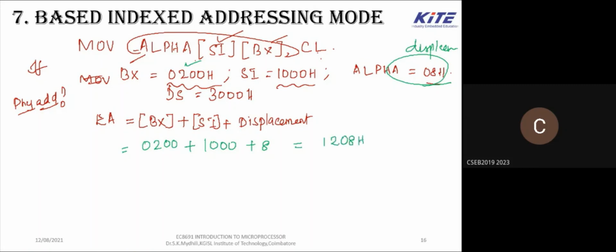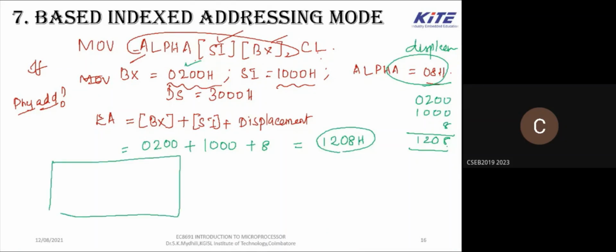Am I right? Simple addition, there is nothing to worry. It is all done in hexadecimal only, that is 1208H. Now finding out the physical address.